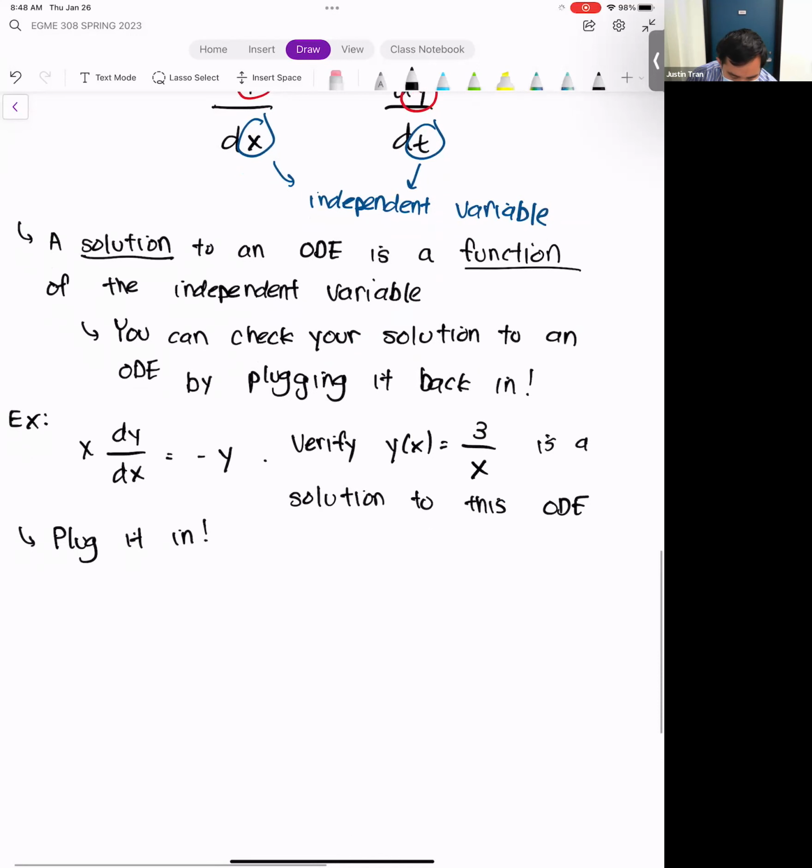The best way to do this is to simply plug it in. To plug it in, we need to plug it into two places. We have y of x, and we can plug it directly into y right there, because y is the same thing as y of x. We also need to plug it into this part right here, and before we can, we need to take the derivative of this solution.